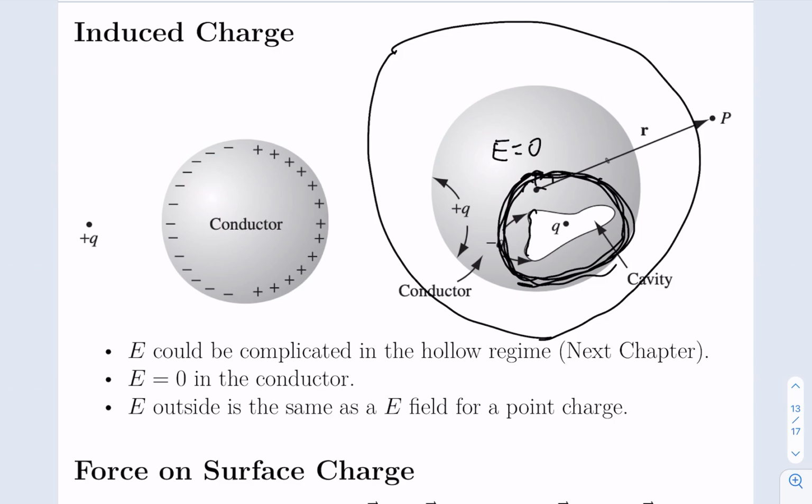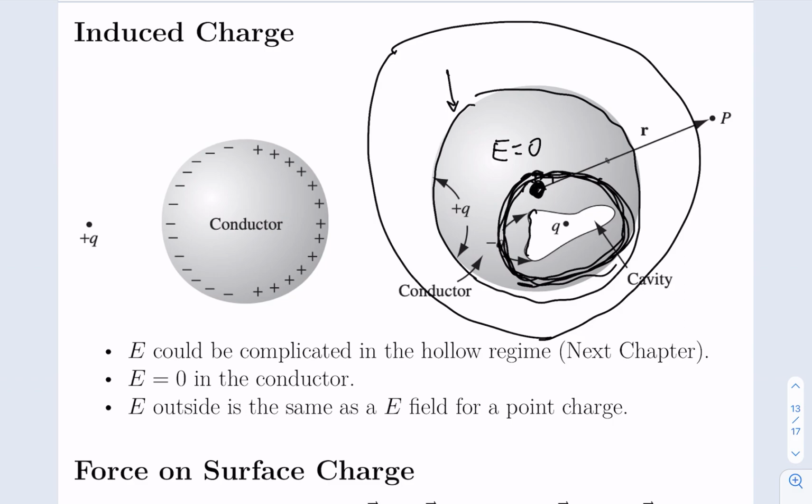What it depends on is the total charge inside, because outside, at the surface, all the charge should be uniformly distributed, and this uniformly distributed charge behaves as if it were a single point charge exactly at the center.